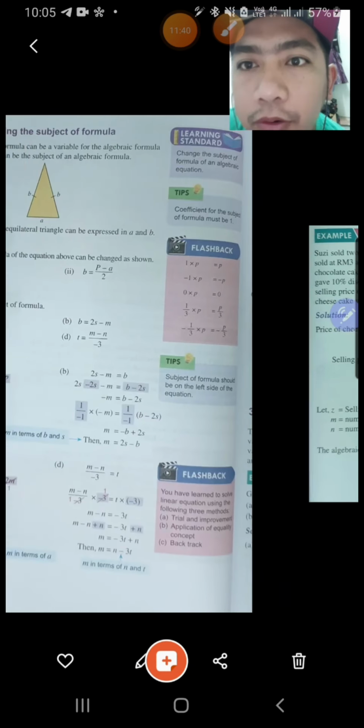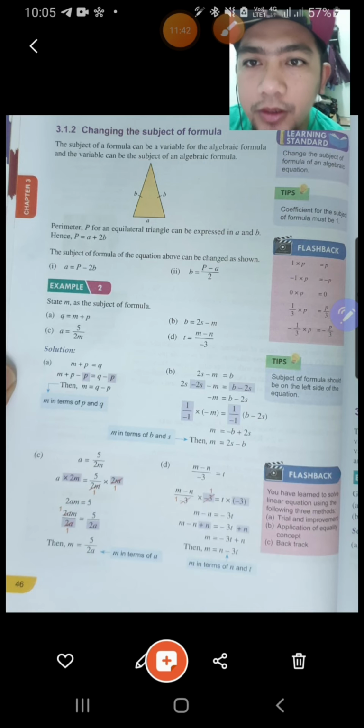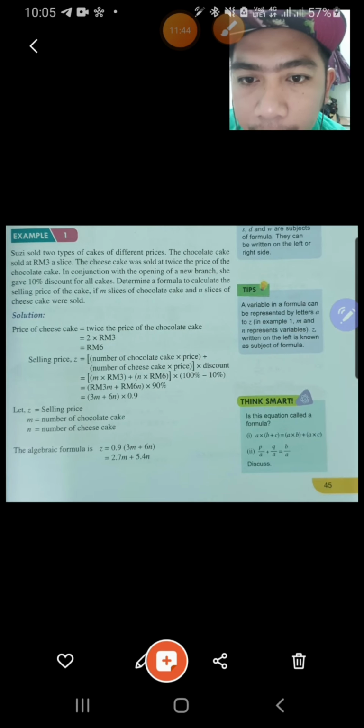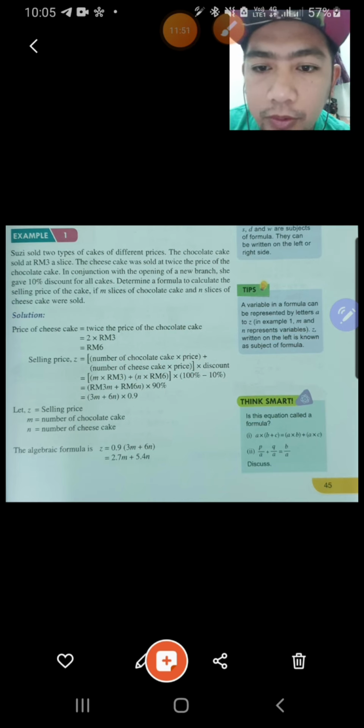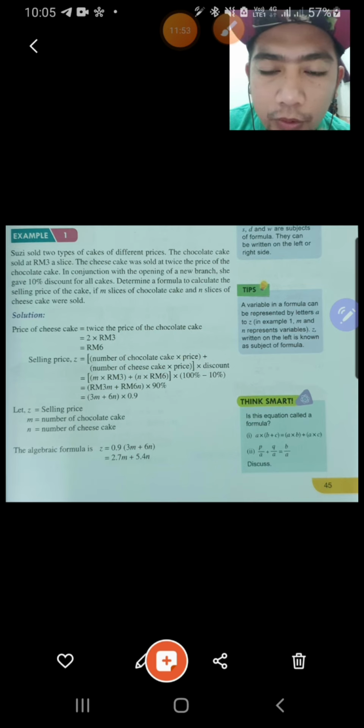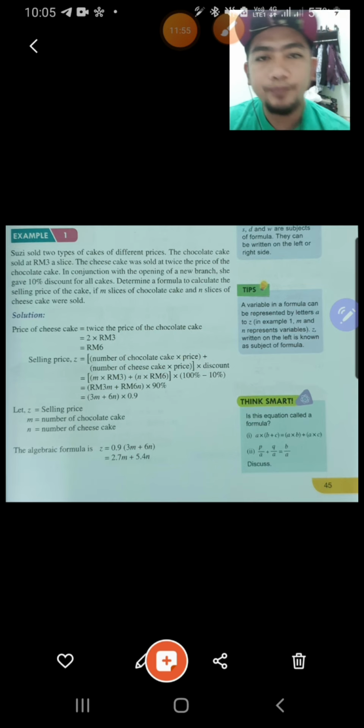Alright, so before we continue to subtopic 3.1.2, I want to stress here, you need to make sure you can make an algebraic formula.